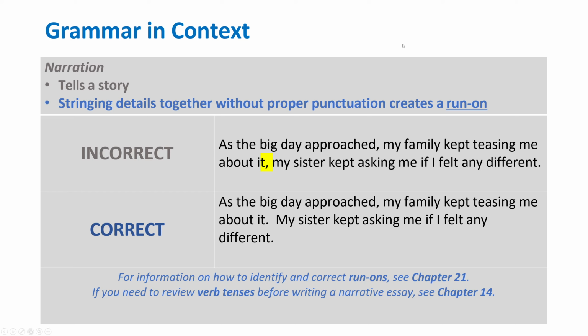But if I said, as the big day approached, my family kept teasing me about it, and then I stopped, that is a complete sentence. You may not know what it is, but other than that, it's a full, complete sentence. If we keep going, my sister kept asking me if I felt any different. That is also a full, complete sentence.